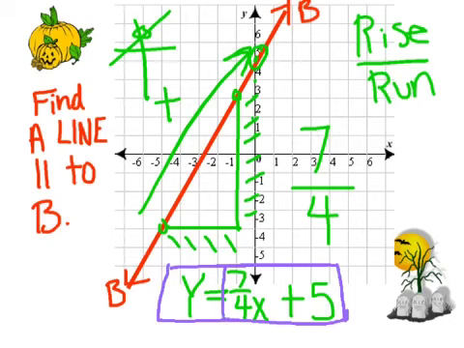Right, the slope is going to be the same. So we look at our slope, which is 7/4. That means we need a line that has a slope of 7/4. So our answer would be y is equal to 7/4 x plus whatever number you want to put in there. It doesn't matter what the y-intercept is. As long as the slopes are the same, they're parallel.